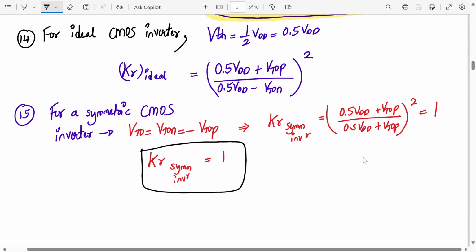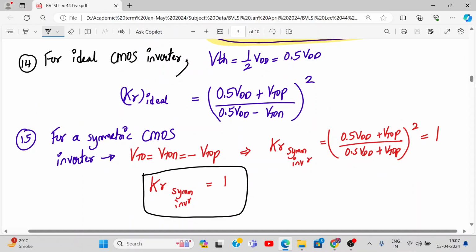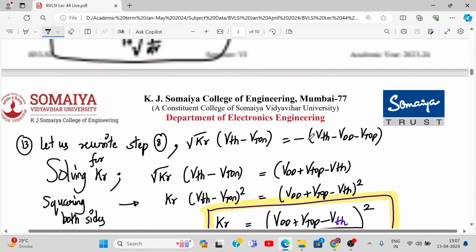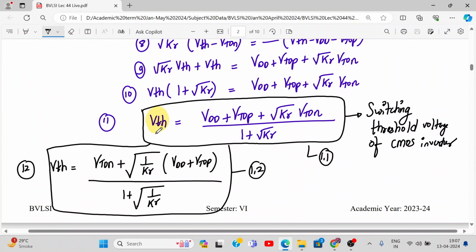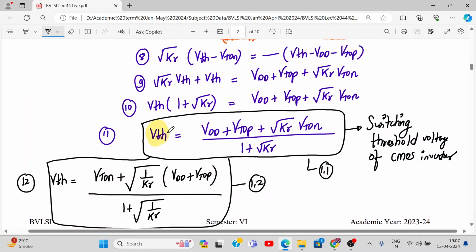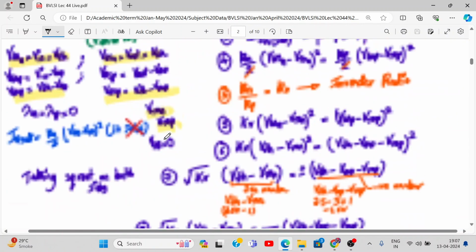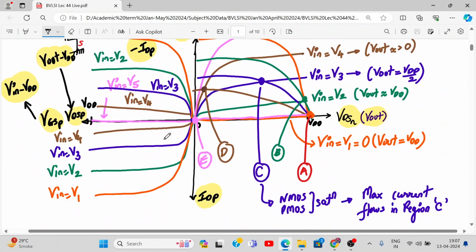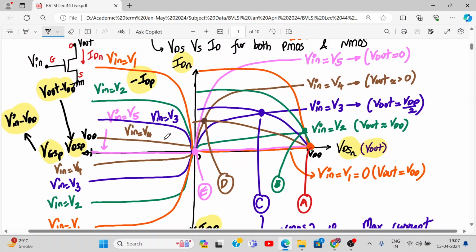Hello. Yeah, we have divided this into two lectures, so the first lecture is getting over. In the next lecture, we'll derive, I mean today only, 7 to 8. We have derived the expression for Vth. Actually, we started with this: we plotted the drain current, the combined currents, and the output and input voltages for the CMOS inverter.